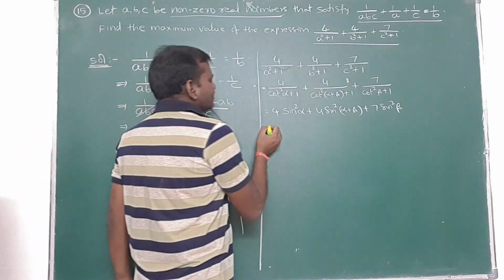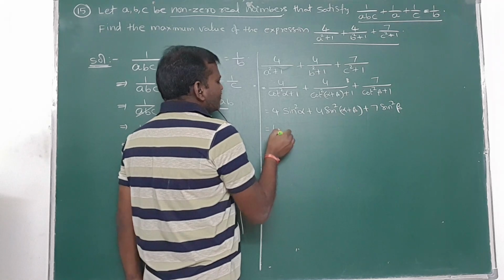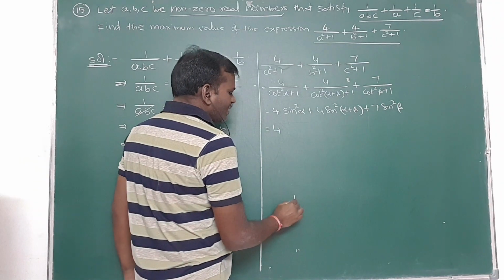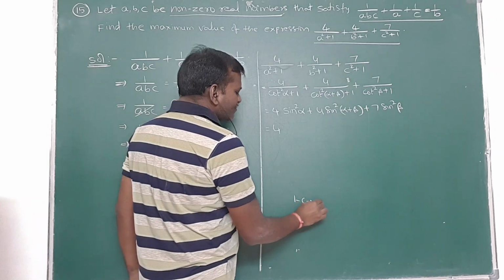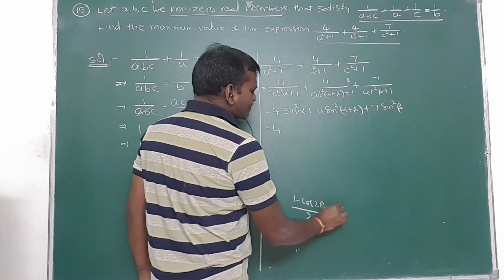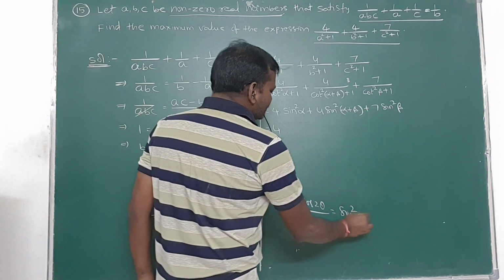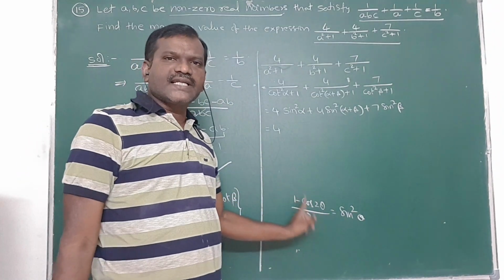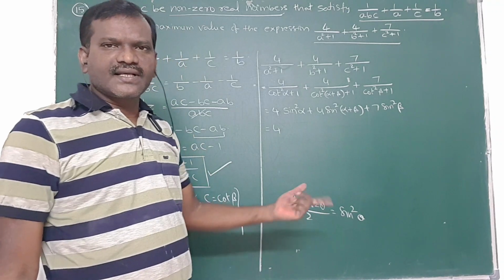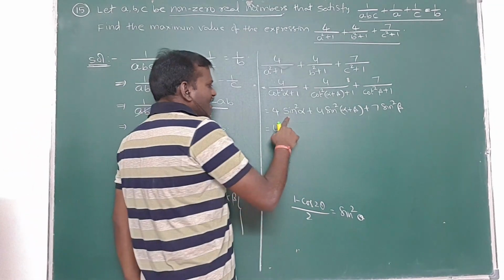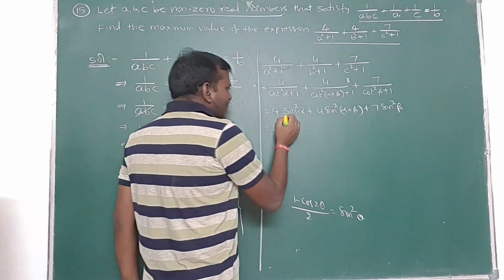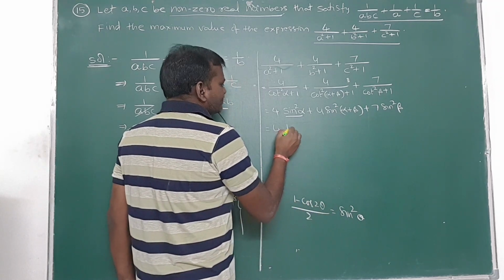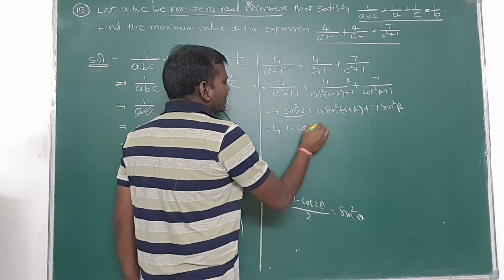Then this can be written as 4 into sin square theta. Here 1 minus cos 2 theta by 2 can be written as sin square theta, or 2 sin square theta is equal to 1 minus cos 2 theta. These types of problems are very important in trigonometry. So I am substituting in place of sin square theta, 1 minus cos 2 theta by 2, here 1 minus cos 2 alpha by 2.